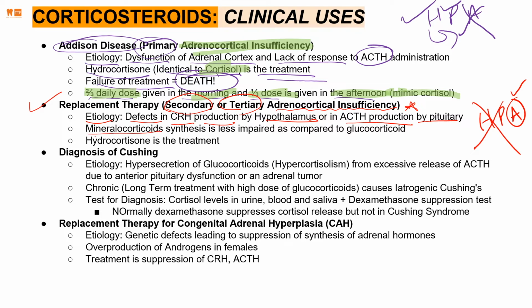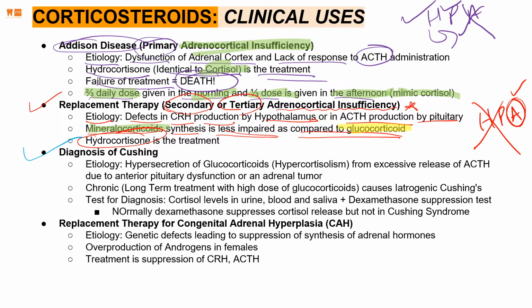Therefore, mineralocorticoid synthesis is less impaired than glucocorticoid. Without adrenocorticotropic hormone, the adrenal gland still produces proper mineralocorticoids, no problem, but the effect is greater on glucocorticoids. Therefore, we need to administer glucocorticoid, hydrocortisone. Fair enough? Amazing.